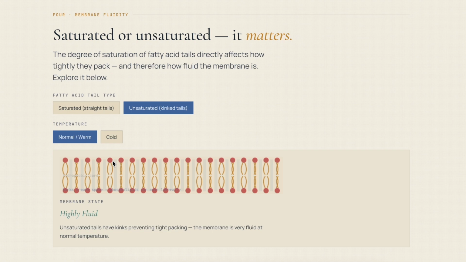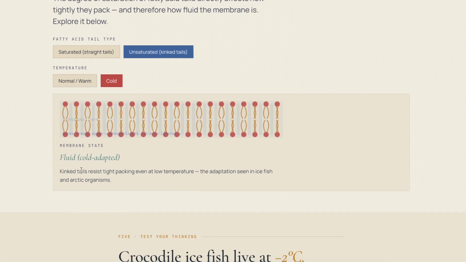The way I remember it is that if I make that double bond with my thumbs and I turn my fingers to one side, then it's going to show me the letter C. And if it's cold and fluid, that kinking is going to increase the fluidity when it's cold.